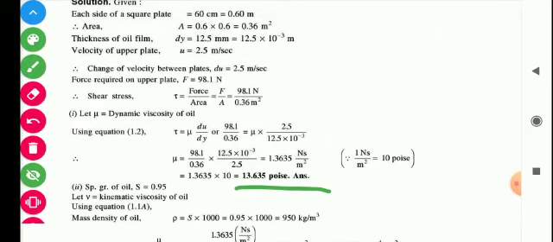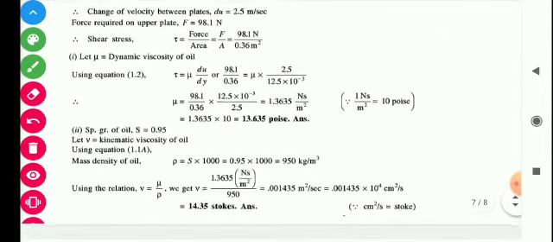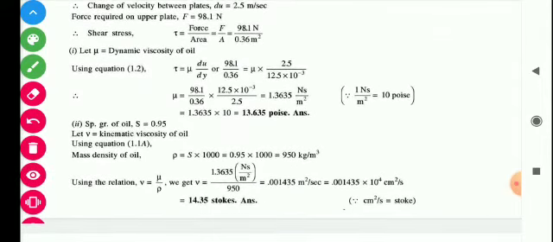In the second part, we need to calculate the kinematic viscosity. Kinematic viscosity is equal to viscosity divided by the density. The specific gravity of the oil is given as 0.95, and if we multiply it by 1000, then we will be able to calculate its density.